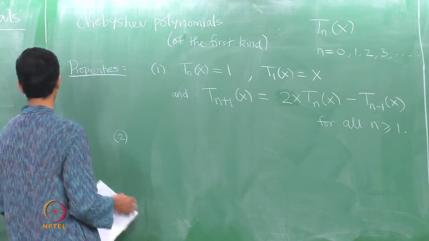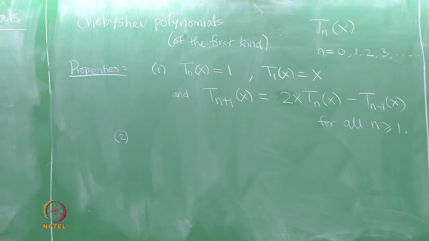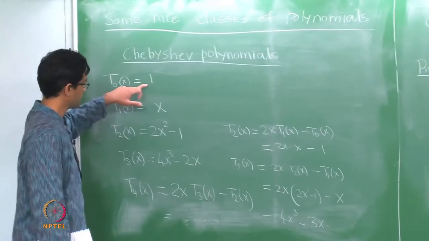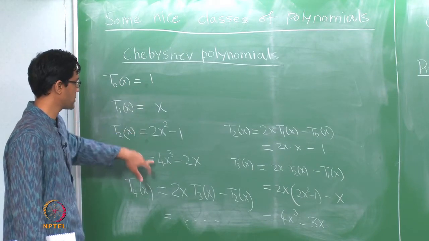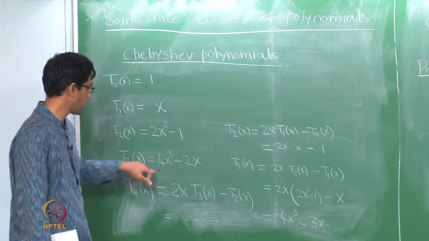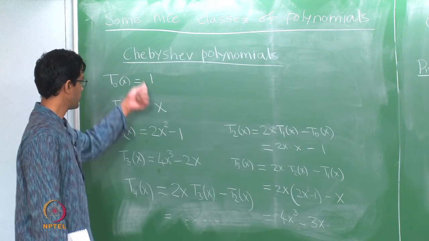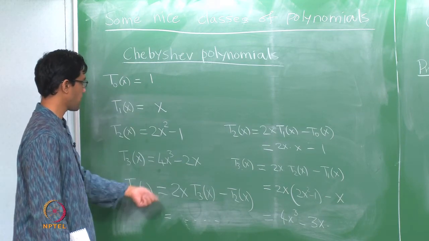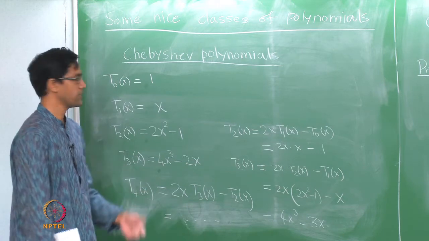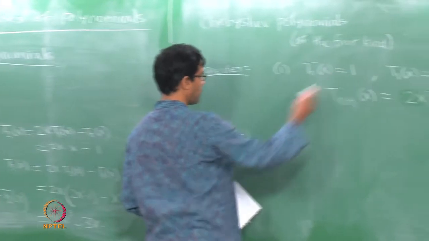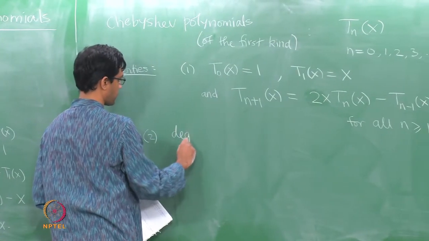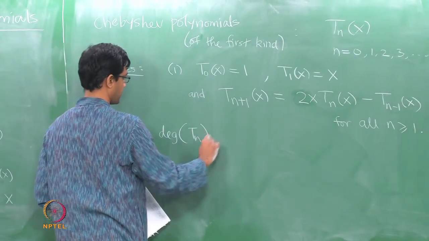The second interesting property is sort of obvious when you look at the table. The first few polynomials are 1, x, 2x squared minus 1, 4x cubed minus 3x and so on. In fact, the degrees of these polynomials grow by 1 at each step. So in general, T0 is of degree 0, T1 is of degree 1 and so on, Tn is of degree n.